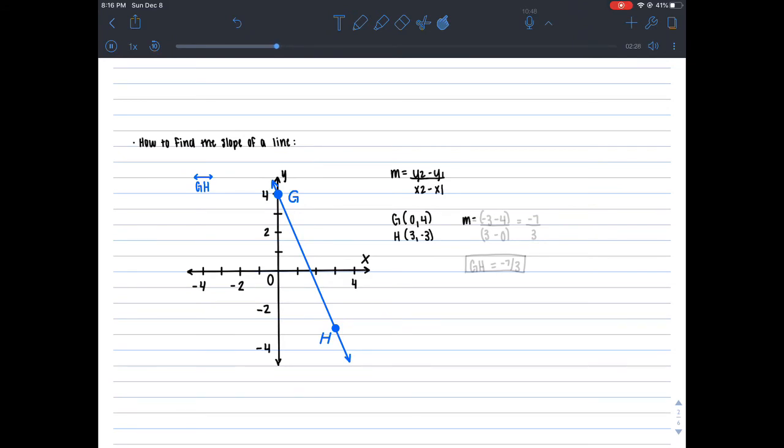m is going to equal negative 3 minus 4. This is your y2 and y1, over 3 minus 0. This is your x2 and x1.